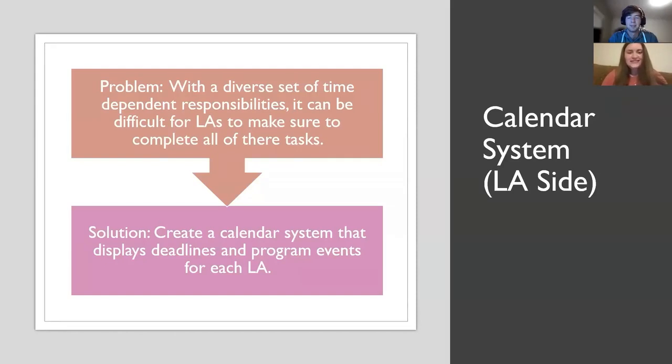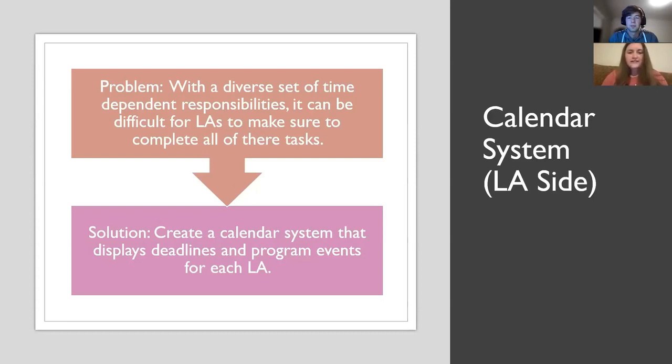So that leads us into the next thing, the calendar system, which we currently do not have, which is part of the problem. This would be very good to have so that we can manage all of the different schedules that the LAs have regarding their jobs and their responsibilities, to meet with their senior leaders, their course leaders, between all of the different meetings that they have with students as well.